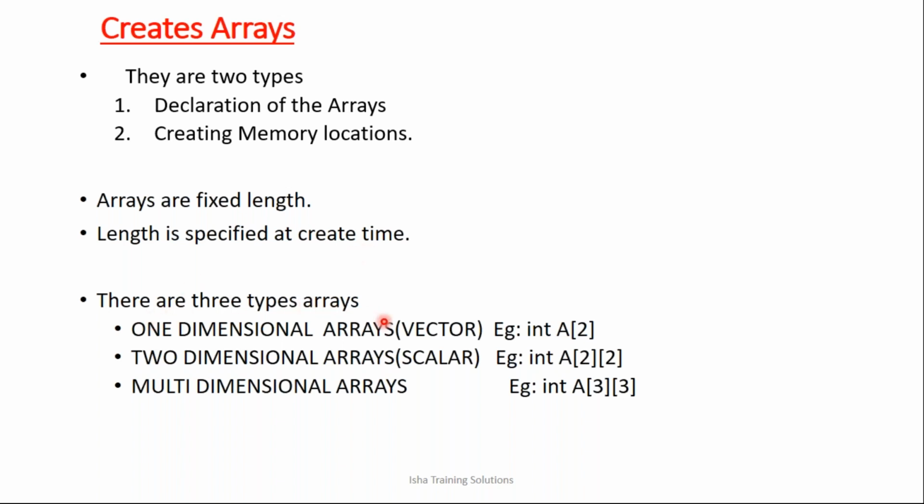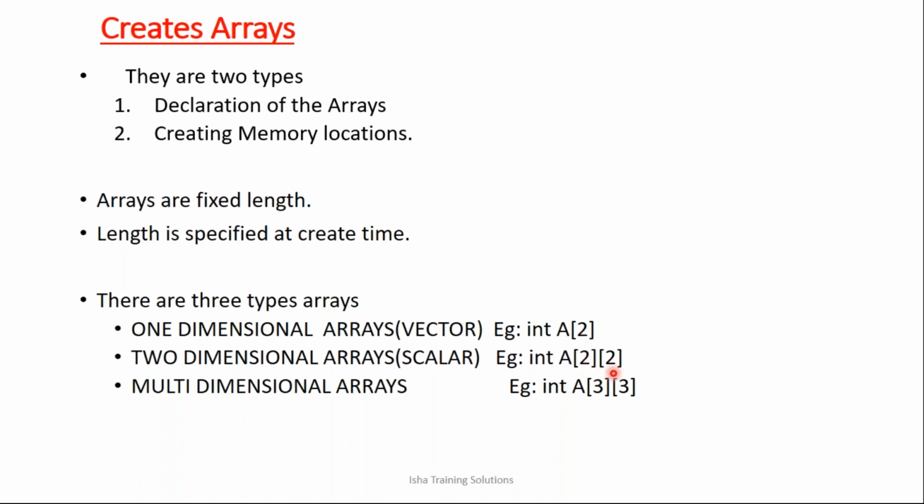There are three types of array here: one-dimensional array, two-dimensional array, and a multi-dimensional array. One-dimensional array is this type of declaration. What we have just seen is marks of 10. So this particular A is an array here and it can hold two values. So it is a one-dimensional array.